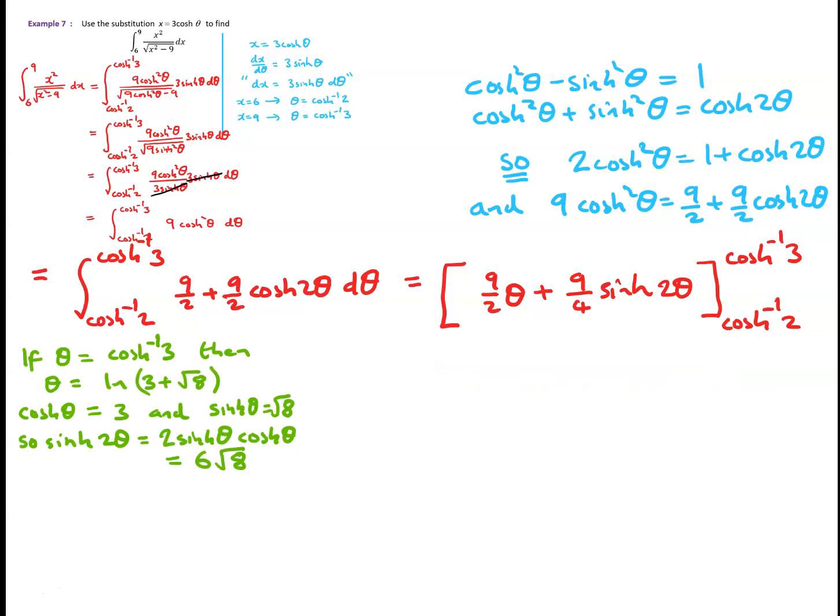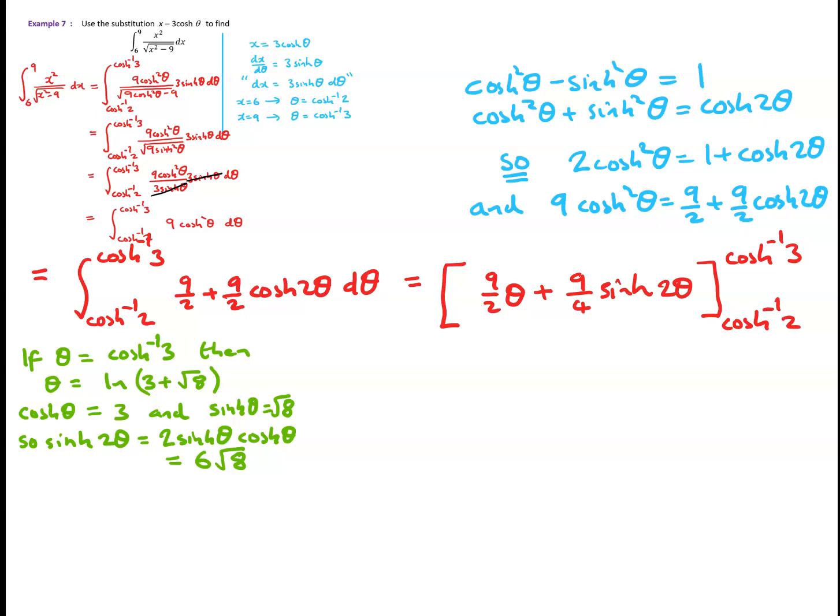On the other hand, if we want to be a little bit more precise and get an exact value, then we can go about it by saying, look, if theta is cosh to the minus 1 of 3, then we know that theta is the logarithm of 3 plus root 8.